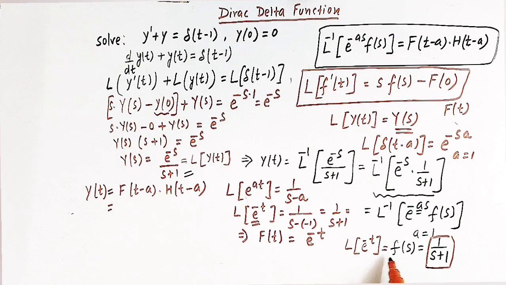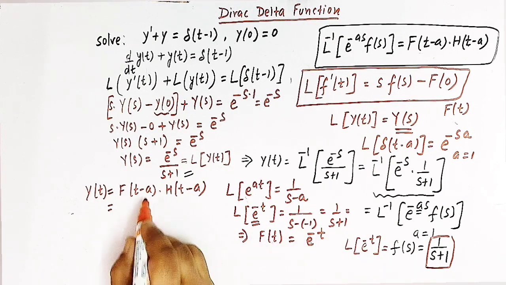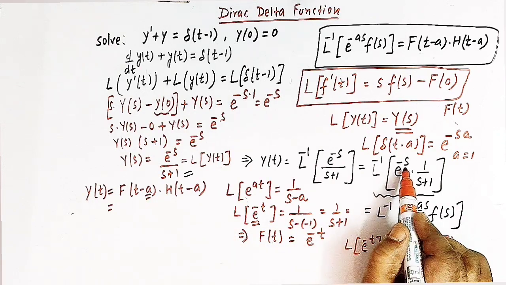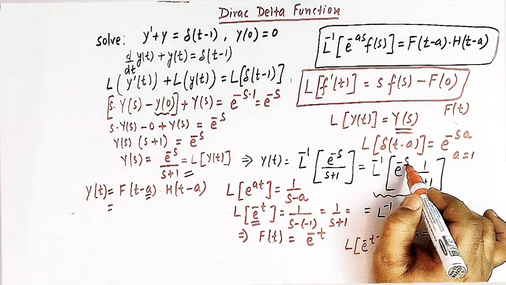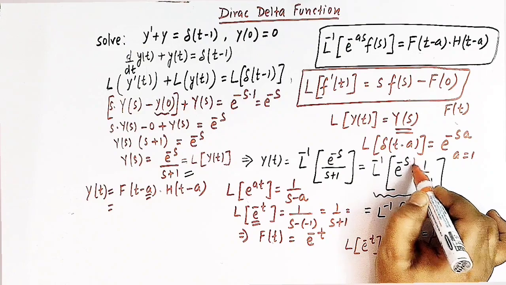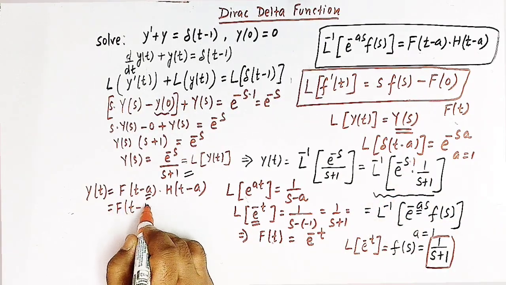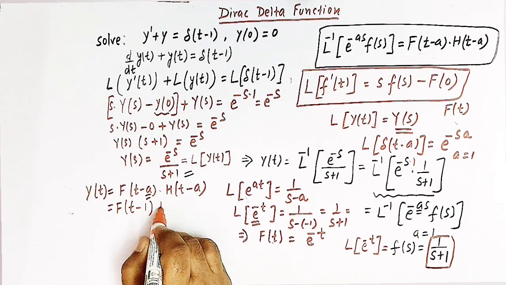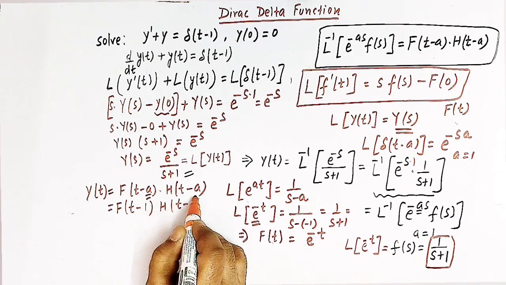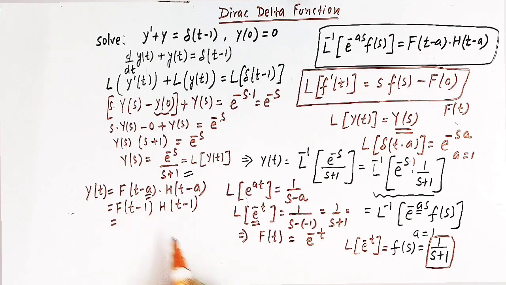And our function f of t is e raised to minus t, and the value of a is equal to 1 here, because here we have minus s times 1. So we have f of t minus 1 and h of t minus 1, and f of t minus 1 can be obtained from here by replacing this t by t minus 1.